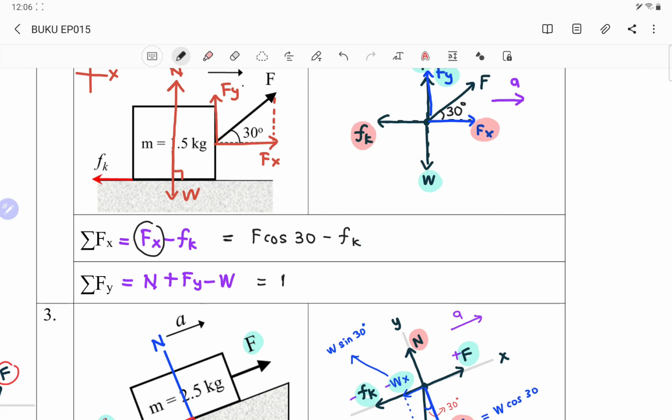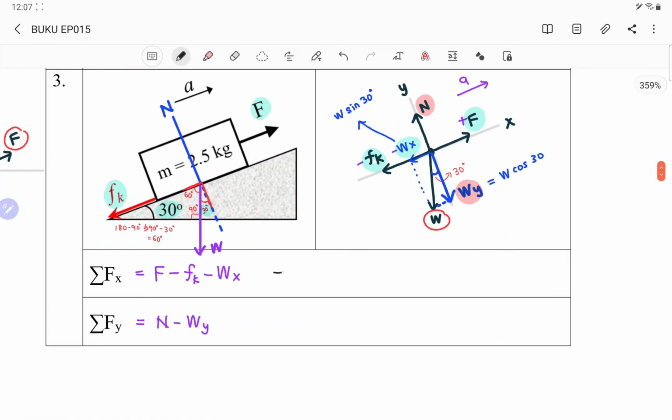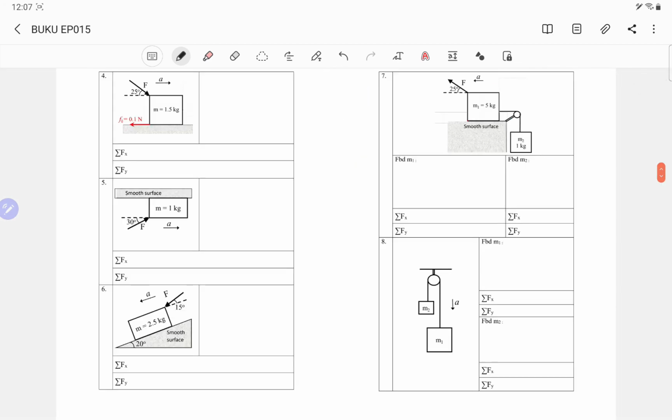For this one, and plus Fy adalah F sin 30 minus W. For number 3, F minus Fk minus Wx adalah W sin 30, equals for the Y component N minus W cos 30. Okay, so the rest, number 4 until number 8, they are your homework. Okay, kena siapkan homework 4 sampai 8.